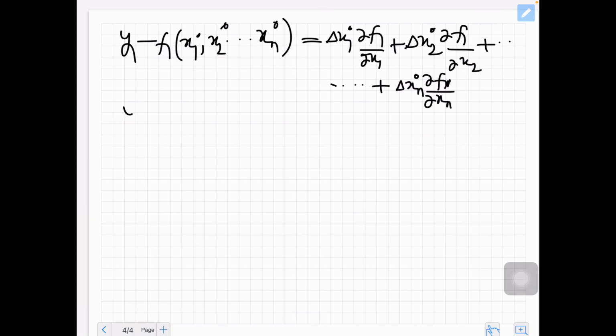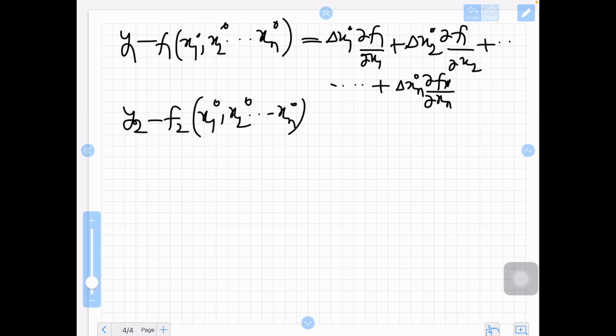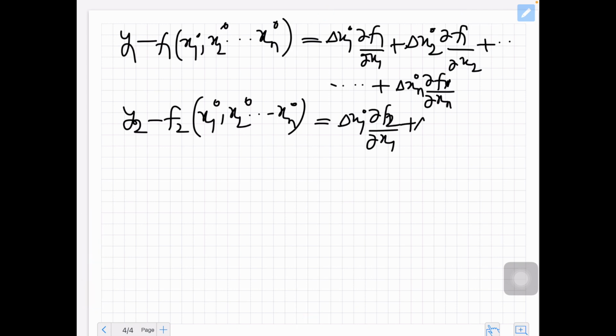Similarly you can write the second equation: y2 minus f2 of x1 naught, x2 naught, etc., is equal to delta x1 naught dou f2 by dou x1, plus delta x2 naught dou f2 by dou x2, plus etc., plus delta xn naught dou f2 by dou xn.